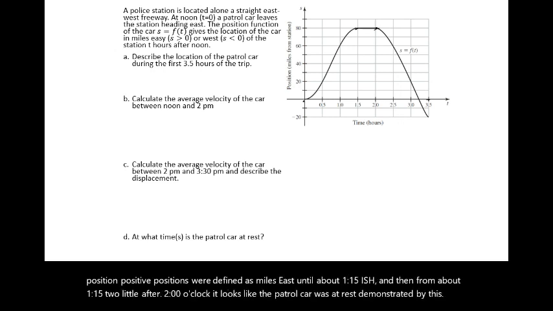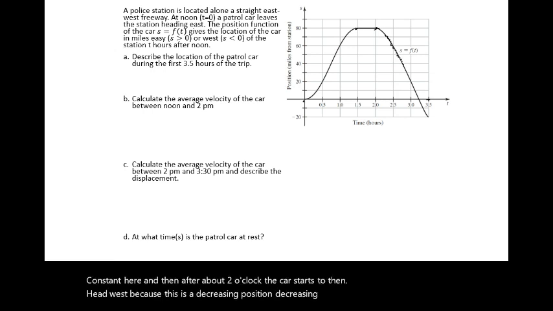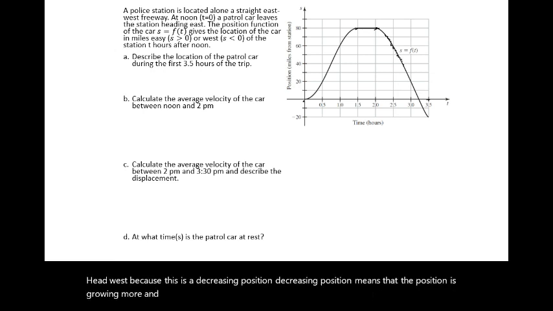After about 2 o'clock, the car starts to head west because this is a decreasing position. Decreasing position means that the position is growing more and more negative, which means that the car is heading back west. Then the car gets back to the station at around 3:15, and from 3:15 to 3:30, the car continues to head west, which is why the position function dips below the t-axis, indicating that he is now west of the police station.